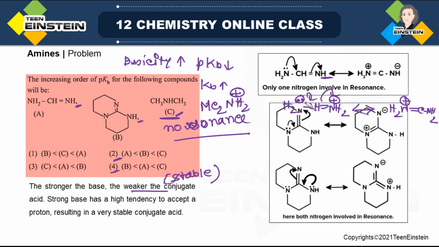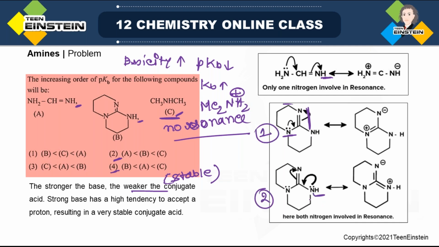But if you consider the second molecule, in this case resonance is possible involving two different nitrogens. So this is the first structure where this nitrogen is undergoing resonance with this. But remember, this is the first possibility, this is the second possibility. This nitrogen can also take part in resonance. And this structure is somewhat analogous to guanidine. In guanidine also the same type of explanation is possible.